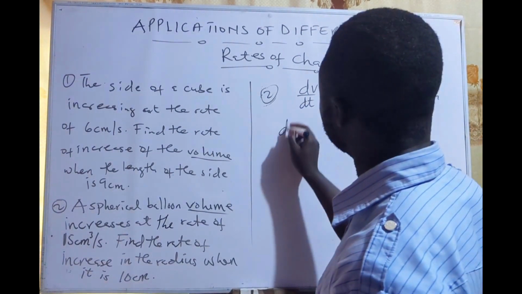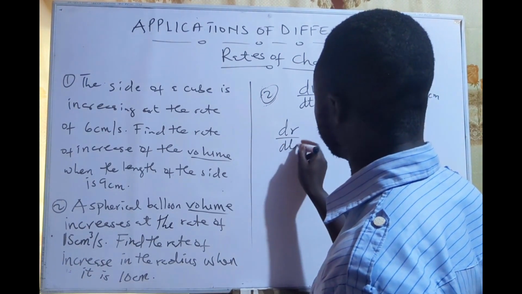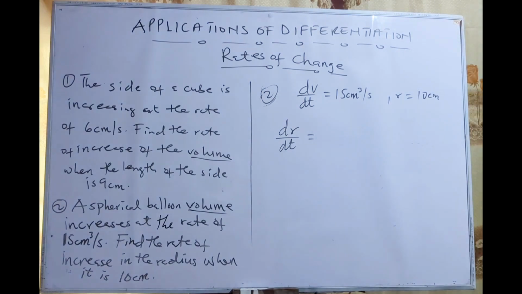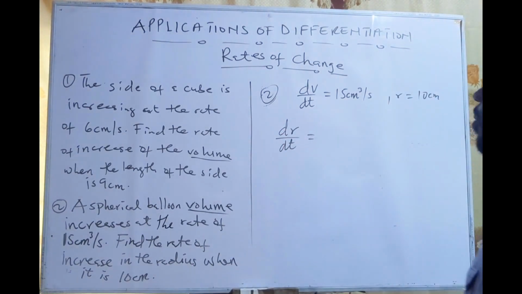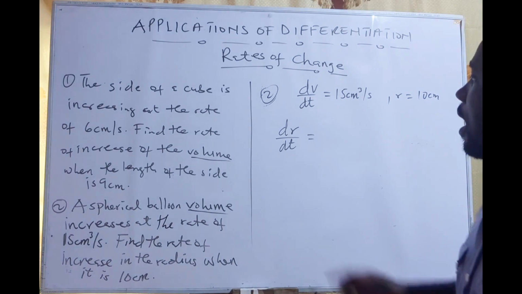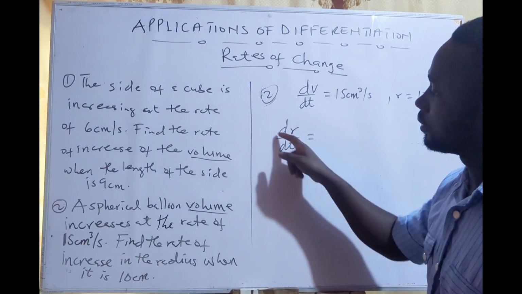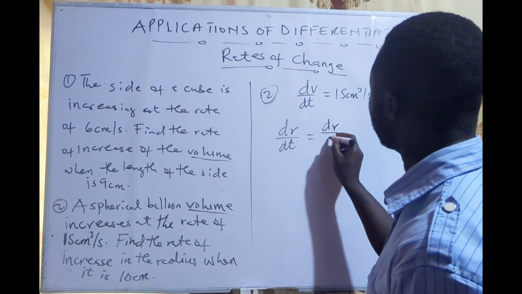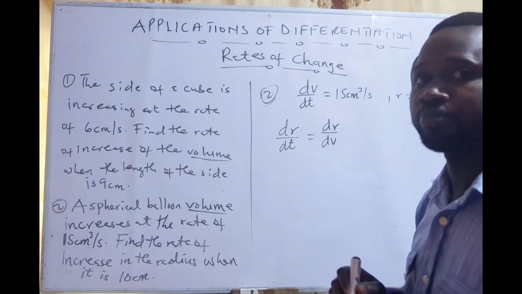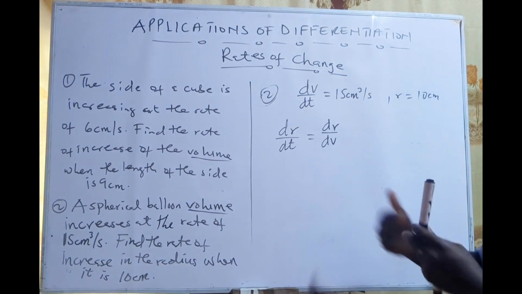So that one will be dr/dt. Take note, what I'm finding is the rate of increase in the radius with respect to time. So if I'm finding dr/dt, I'll find the rate of change in the radius with respect to the volume.